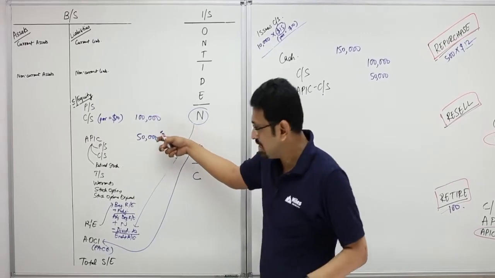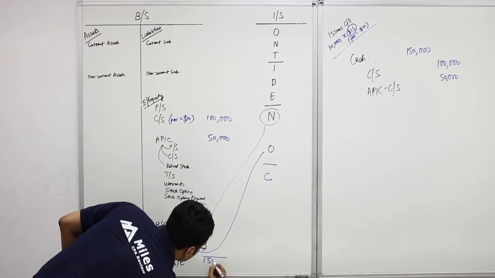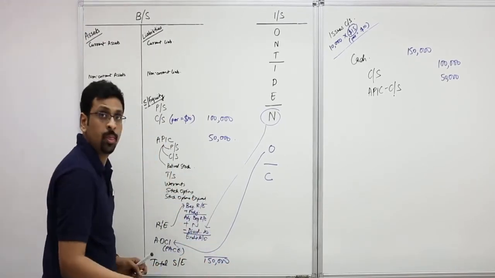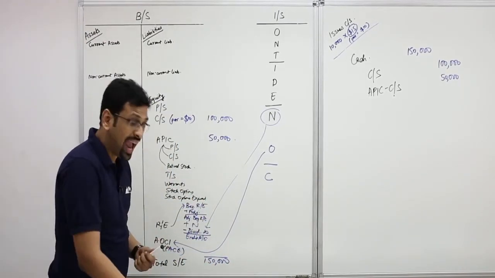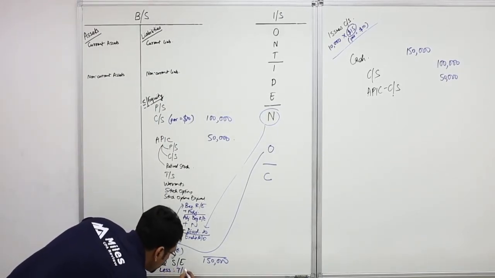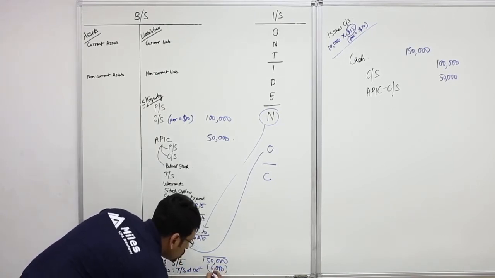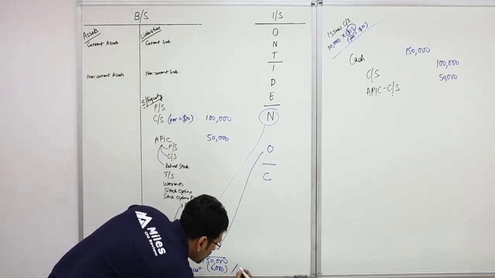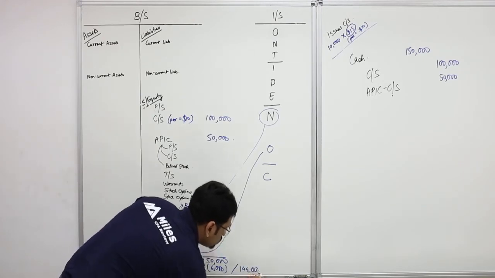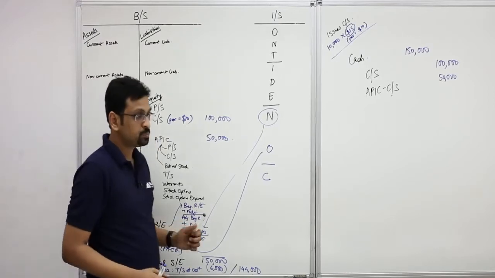So 100 plus 50, that's total stockholders' equity of $150,000. You get back treasury stock at cost, so you do less treasury stock at cost, 6,000. So your net stockholders' equity becomes $144,000. That is when you're using the cost method.